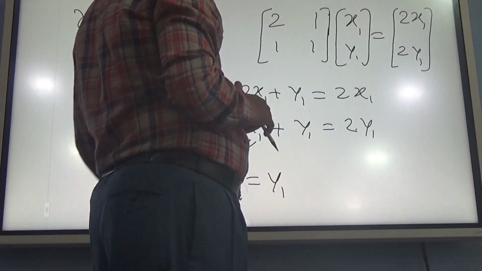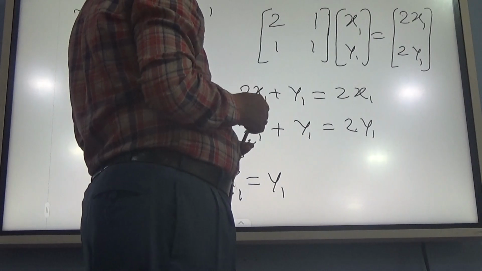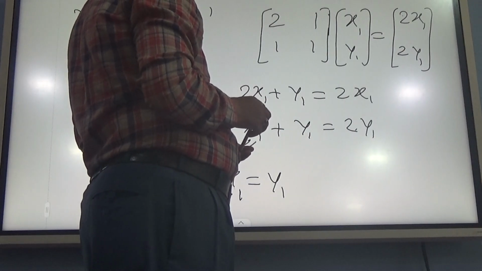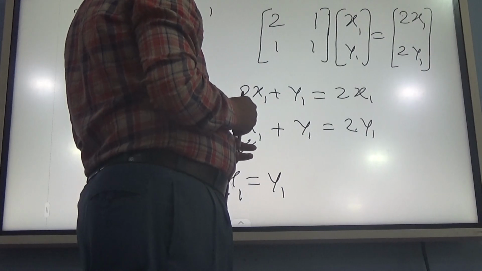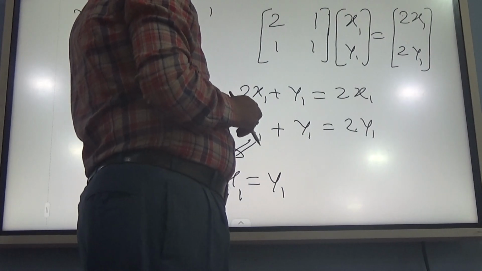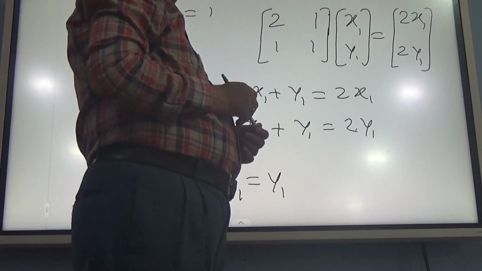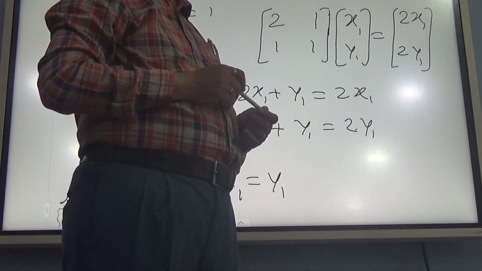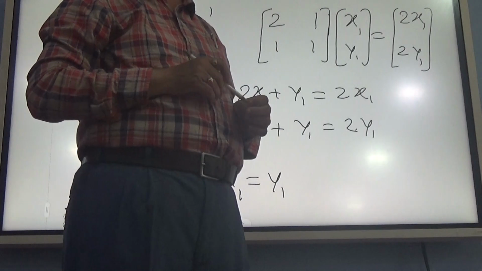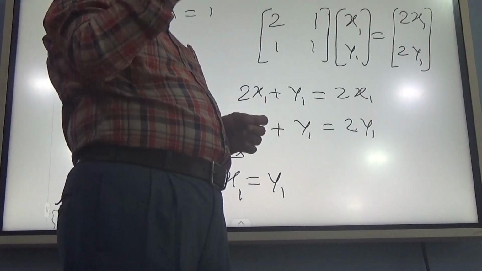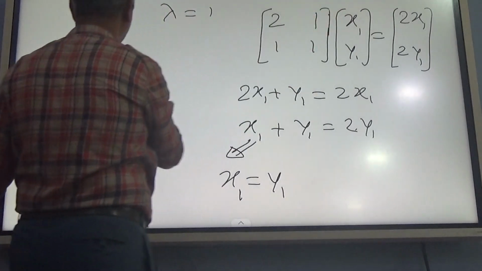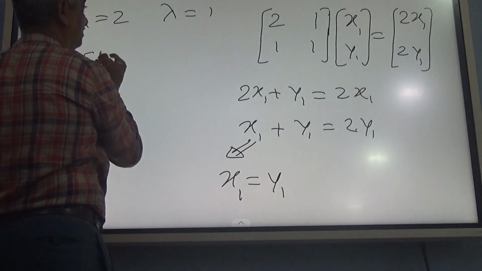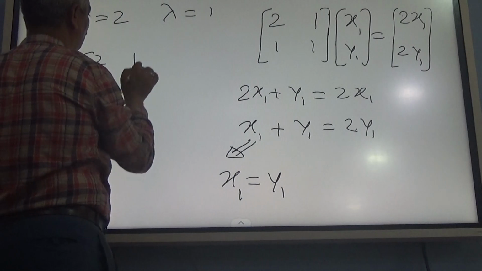Is it right? What about this? So 0 is 0 for any non-zero vector. Is it possible?